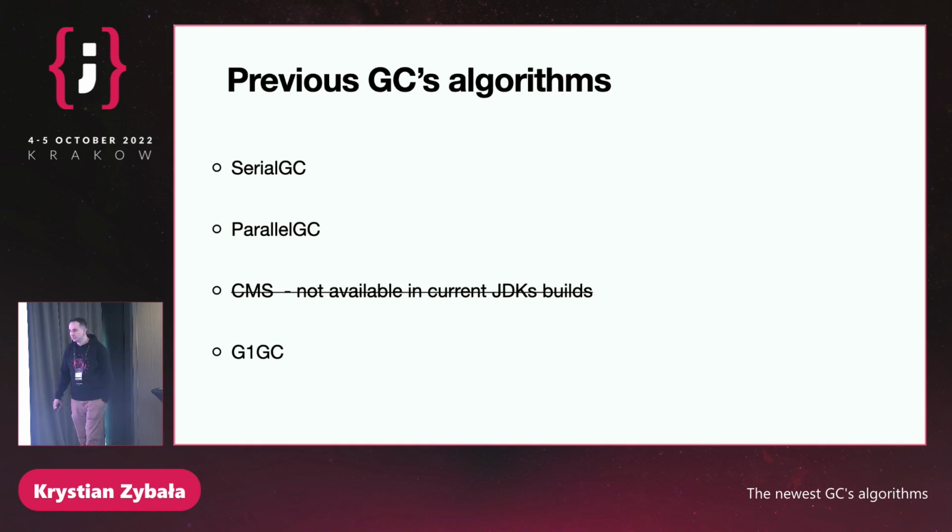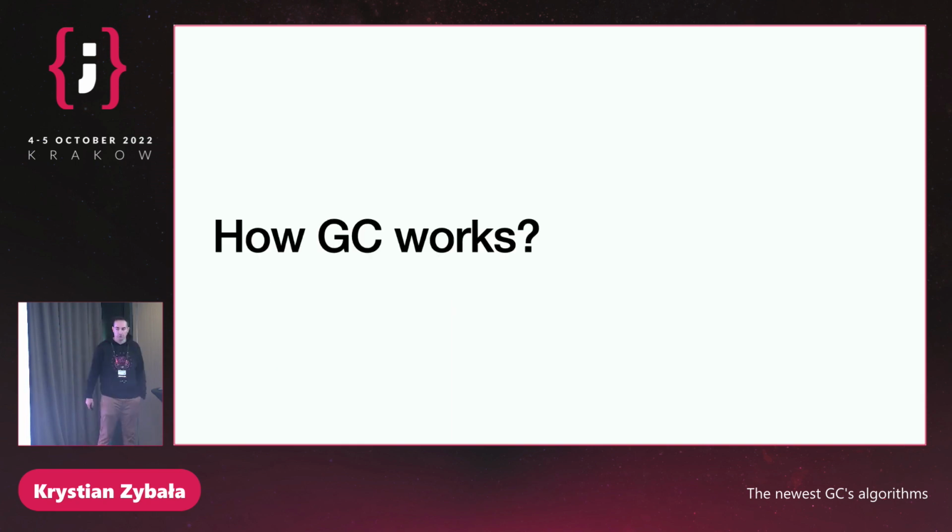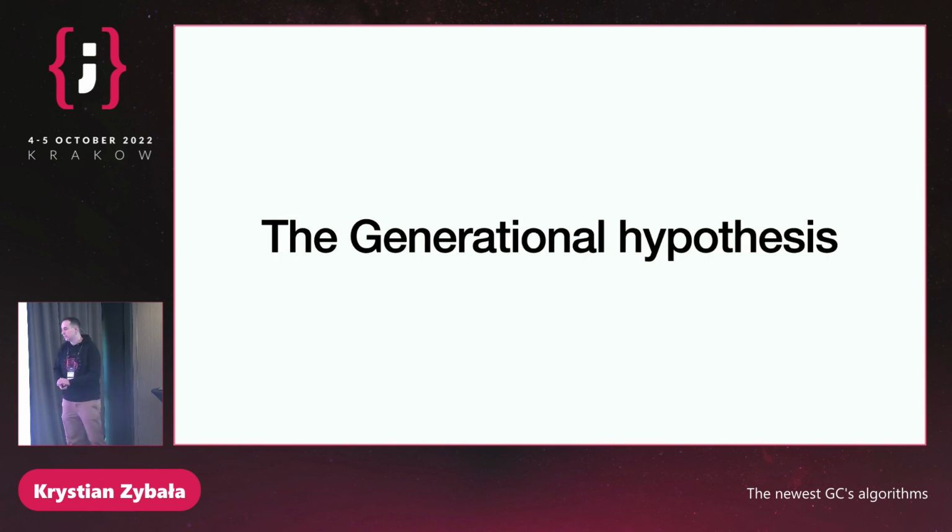Of course, parallel GC was the default garbage collector until Java 9. After that, G1 was another, better algorithm for us.